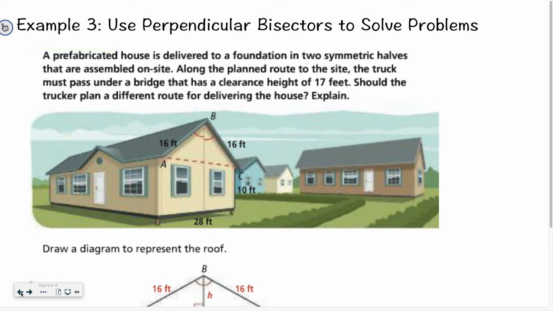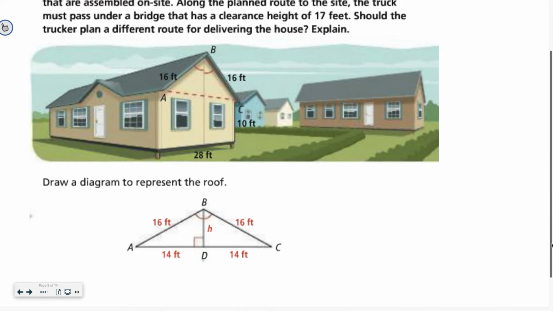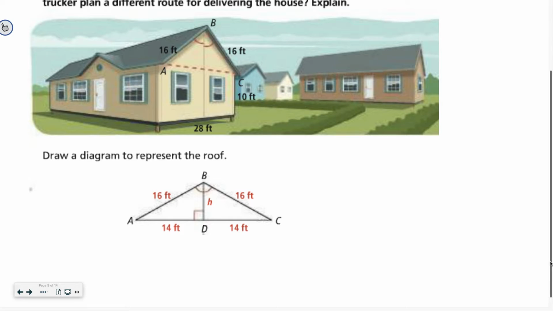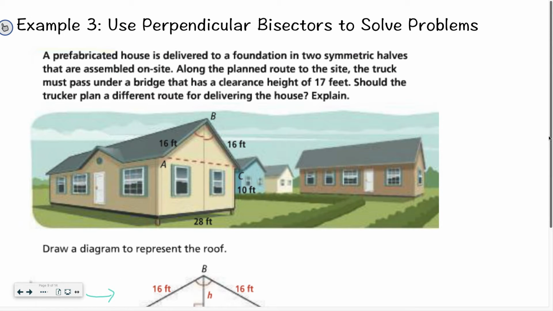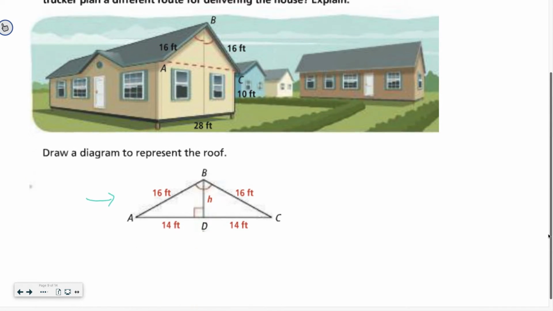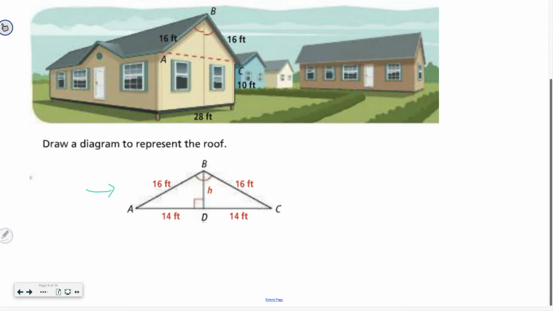Explain. So we have our picture, and we have a simplified version of the picture, and we want to figure out whether the house is going to be too tall to go under a 17-foot bridge. So I'm just going to write 17-foot bridge here.